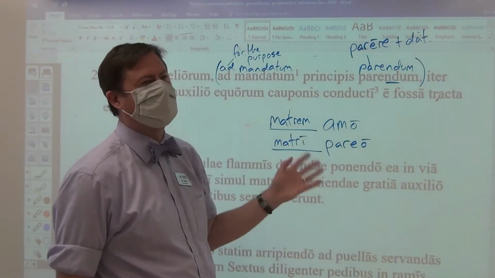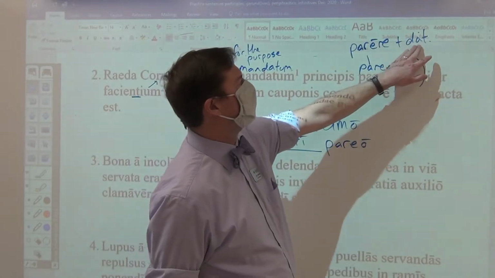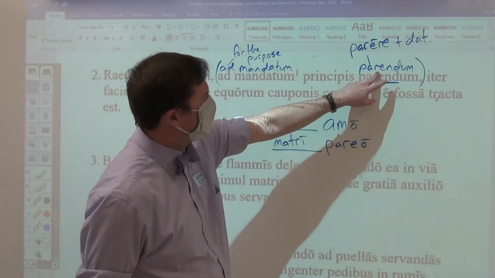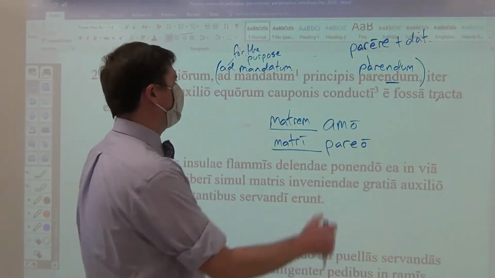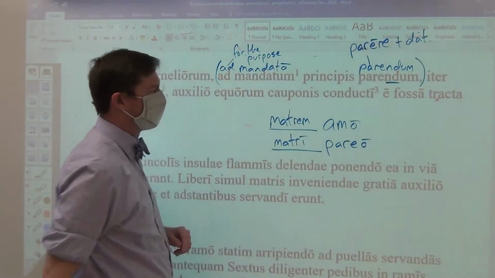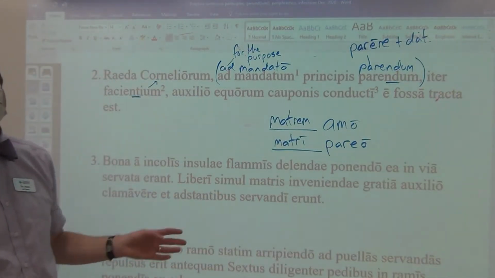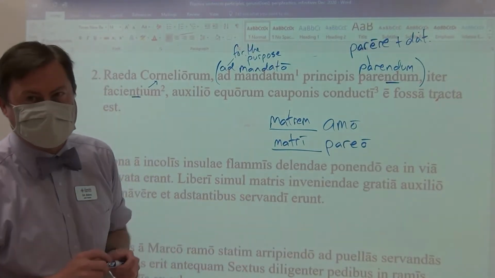But, and this is where it gets super tricky, because parere would have a dative object, if it were a gerund and had an object, that object would have to be in the dative case. Incredibly difficult.